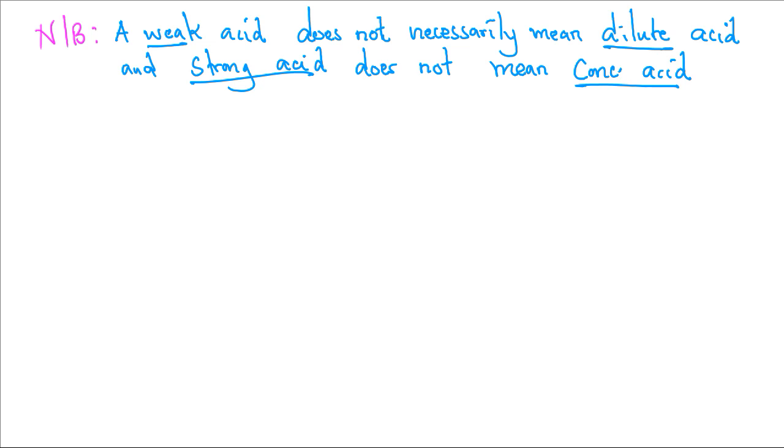Remember, concentrated acid simply is determined by the number of moles in a given volume of that acid. That is how we tell concentration of the acid. It has nothing to do with the number of hydrogen ions.